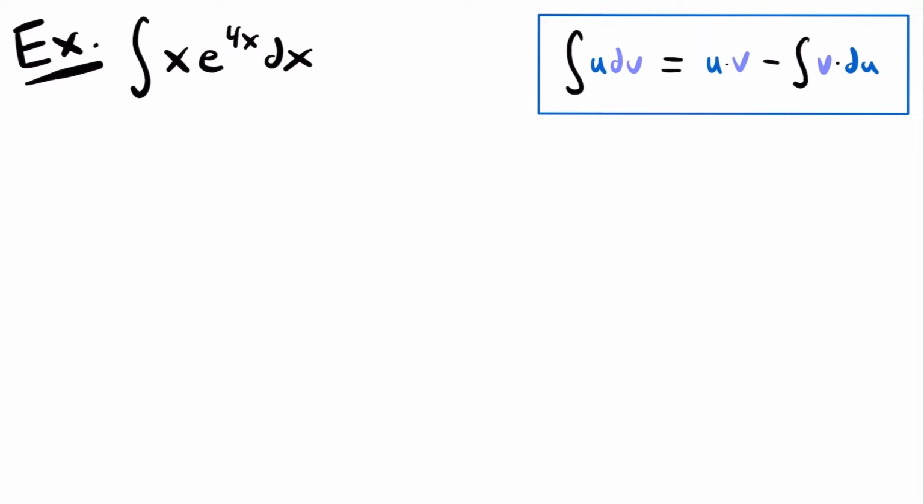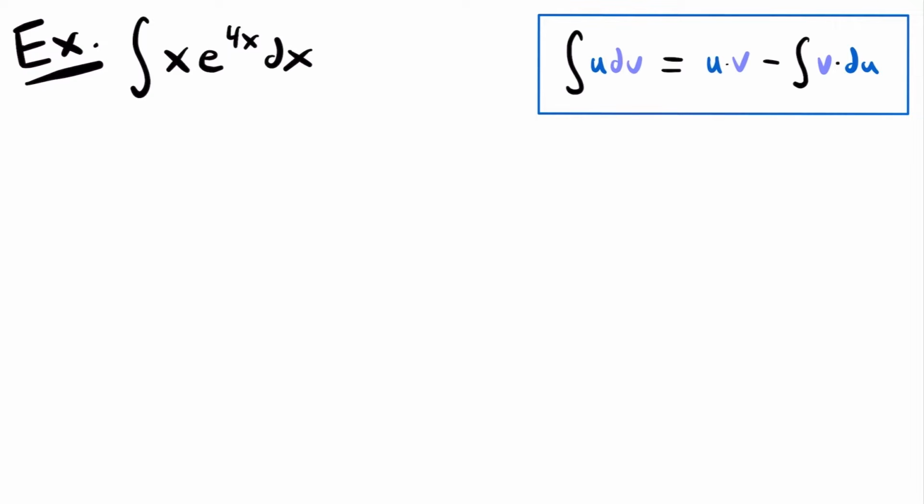What we want to do is rewrite that integral as these two terms. Notice that within this expression, we have v and du, which are not in our original integral. Where they come from is that du will be the result of the derivative of u, and v will be the result of the integral of dv.